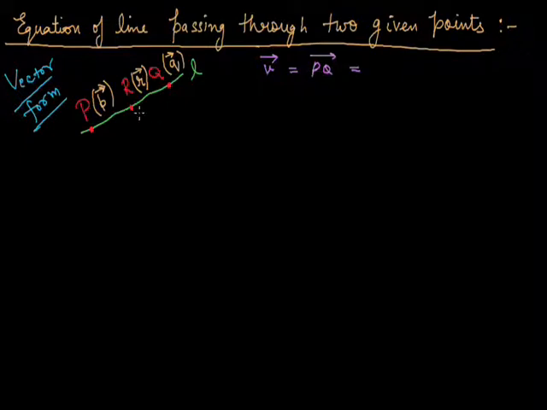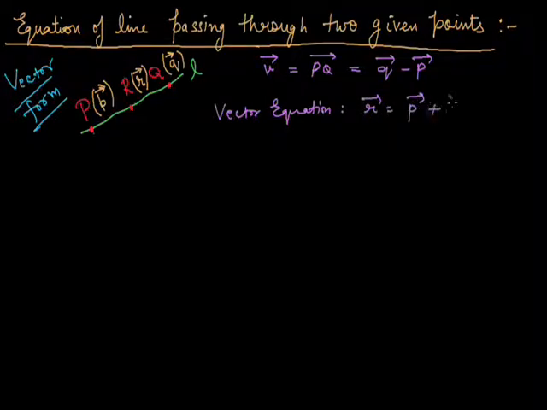Since we know the position vector of P and PQ is the line vector, this line vector can be written as Q vector minus P. Now from the vector equation of a line, we know that the vector equation can be written as R vector equals a point vector, which is P vector over here, plus lambda times a parallel vector.